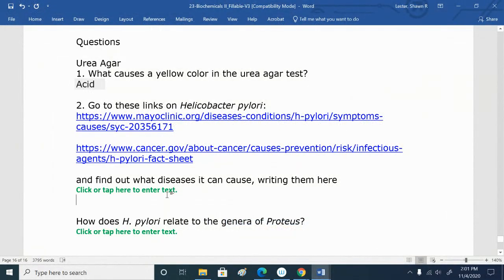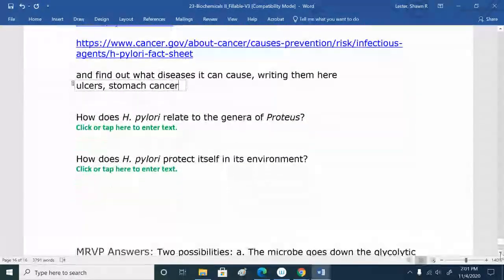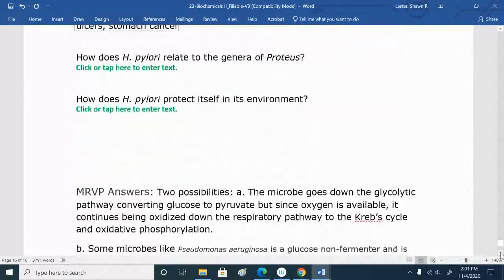So, of course, we just saw ulcers, stomach cancer. Don't worry about how it's related to Proteus. We don't care. Don't worry about how H. pylori protects itself either.